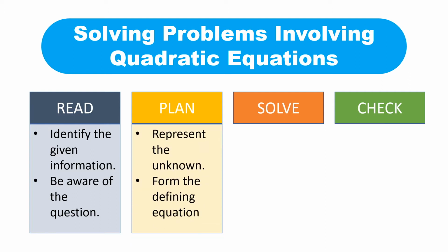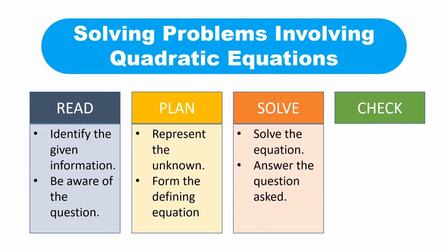When we plan, we think of a strategy in solving the problem, represent the unknown with a variable, write a thought process, and convert this into an equation. When we solve, we solve the equation, analyze the computed values, and decide which value to take in order to answer the question asked.